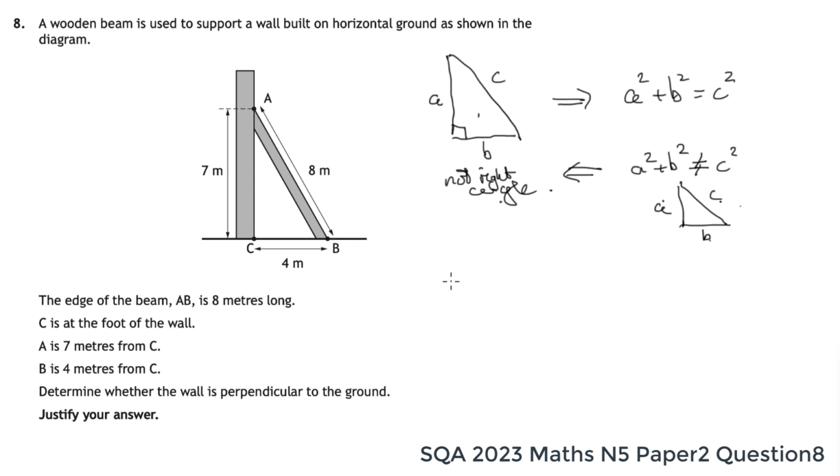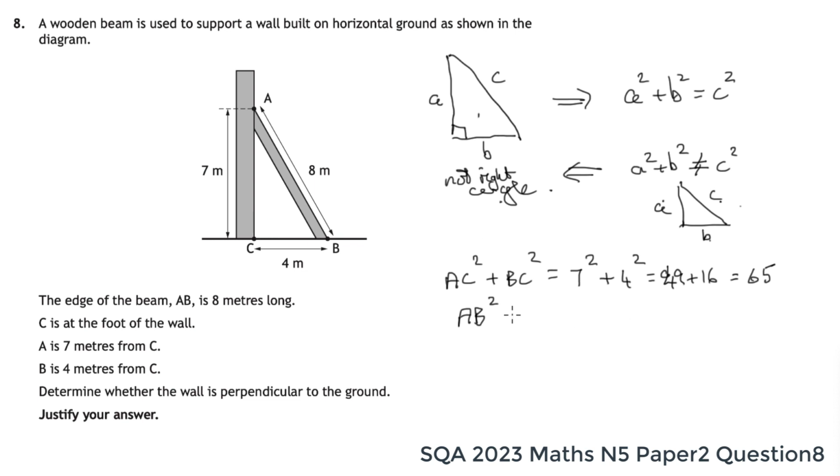So we'll check AC squared plus BC squared. That's the 7 squared plus the 4 squared. And that's 49 plus 16. So that's 65. And we'll check that against what would have been the hypotenuse if this is right angled.